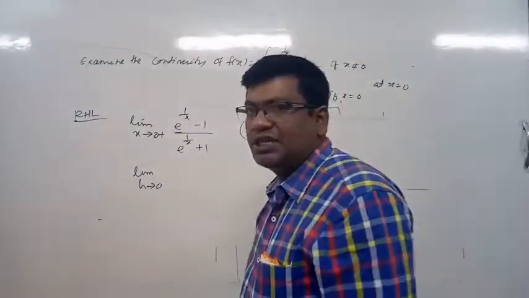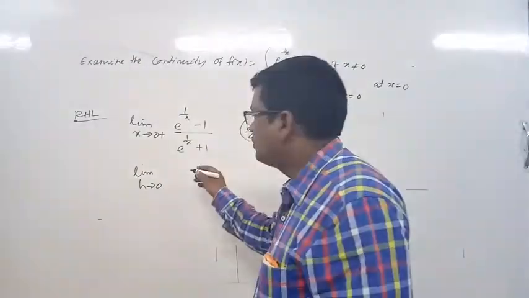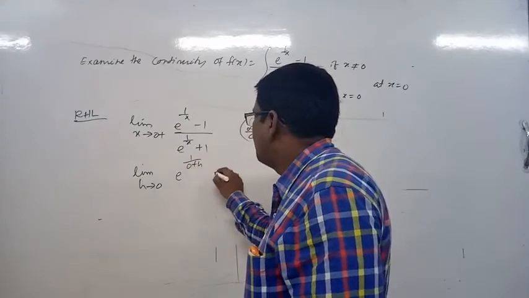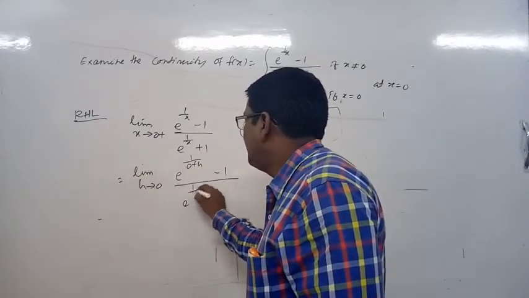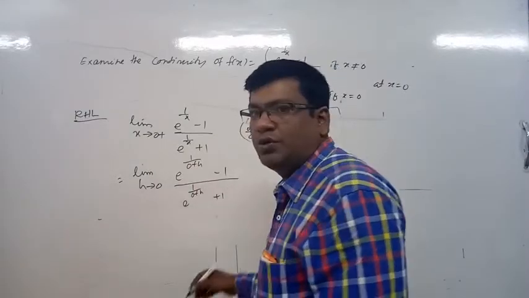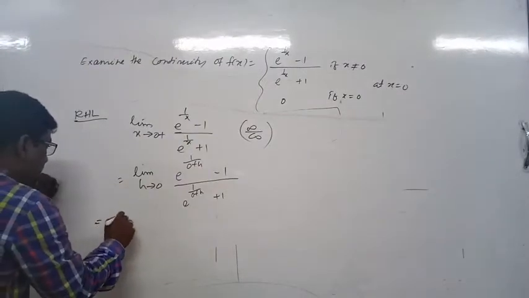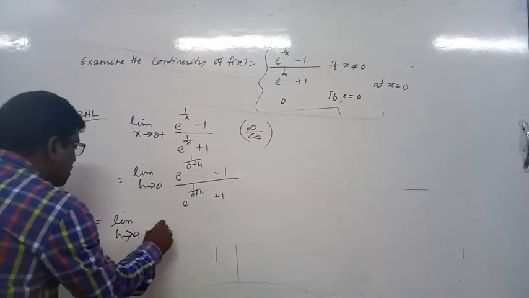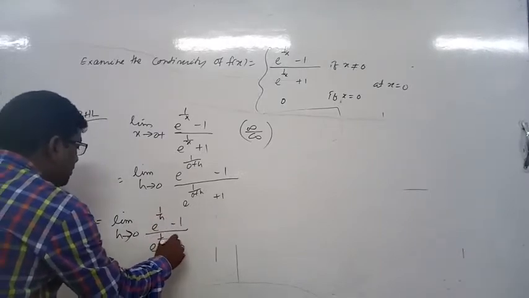In place of x use a plus h. Here a equal to 0, so we can write e to the 1 by 0 plus h minus 1 by e to the 1 by 0 plus h plus 1, which is equal to limit h tends to 0, e to the 1 by h minus 1 by e to the 1 by h plus 1.